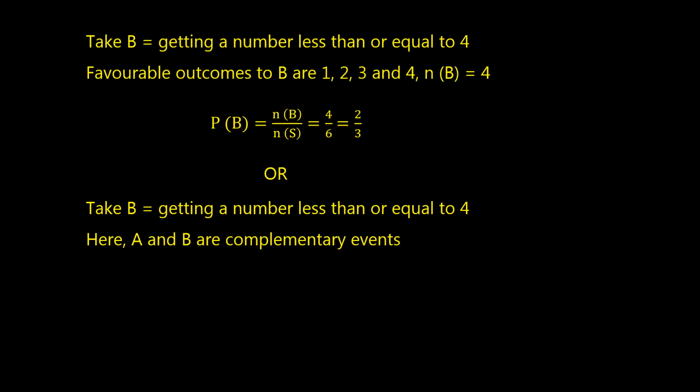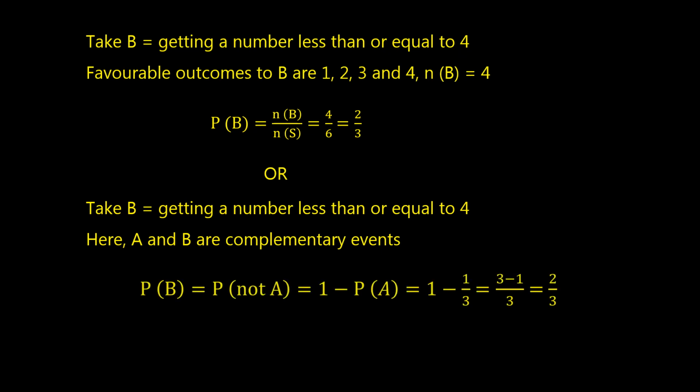Therefore, already we know the probability of A. We can find probability of B, the other event, by using the formula of complementary events. That is, P of B is equal to P of not A. The formula for P of not A is 1 minus P of A. 1 minus P of A, we got already 1 by 3. 1 minus 1 by 3 is 1 by 1 minus 1 by 3.